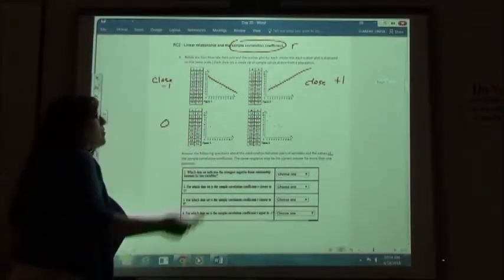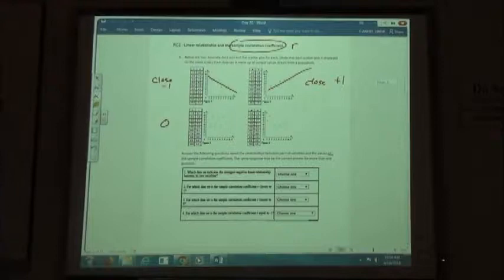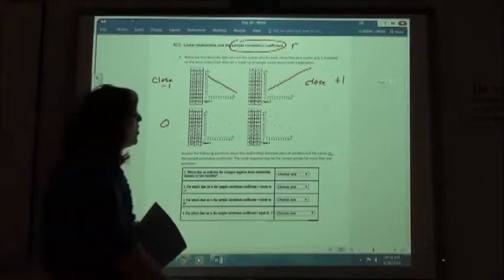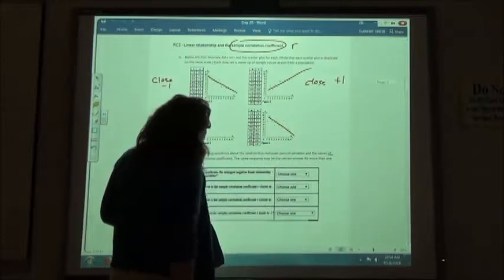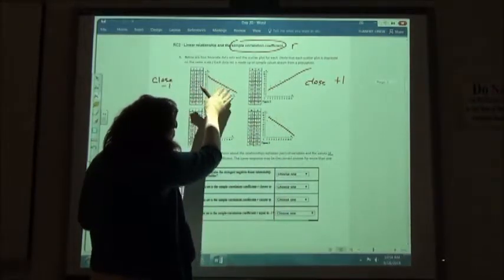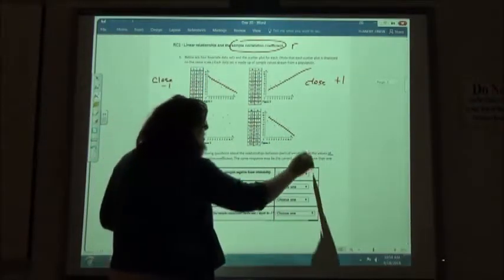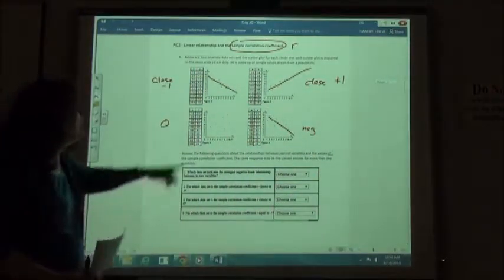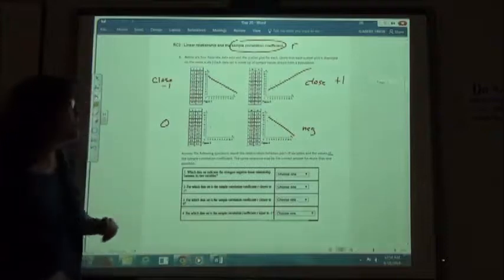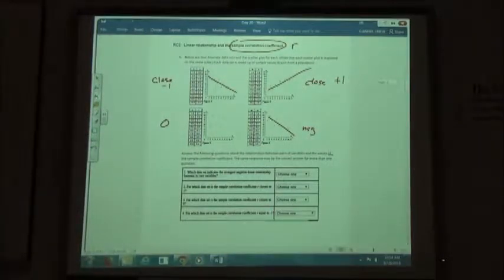I would be somewhere around 0 because there's no place that I could draw a line that would make sense to be a line of best fit on that one. This one, your dots are kind of going downhill, but they're scattered out more than your dots here. So this is a negative slope, but it's probably not very close to negative 1 because my dots aren't very close to my line. They're scattered all over the place.